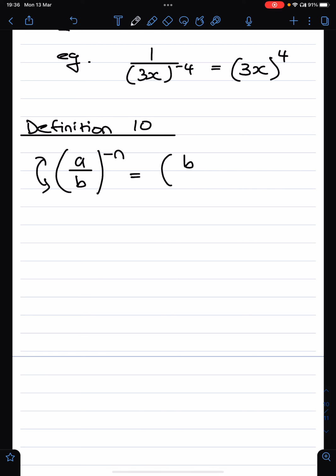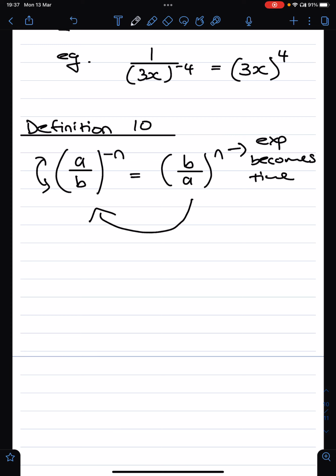So this just becomes b over a to the n. You see what happens here as well, is that the exponent becomes positive. The opposite is also true, in that if I have bracket b over a to the power of n, and I want to have a negative exponent, I can just flip the b and a again.